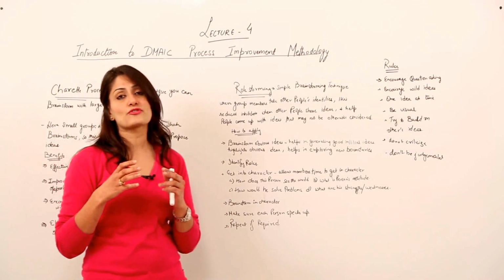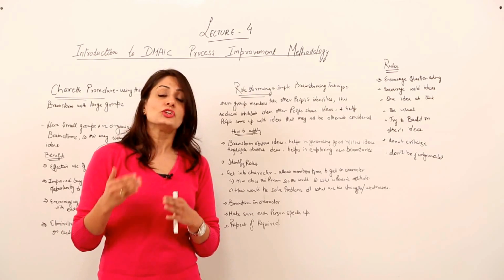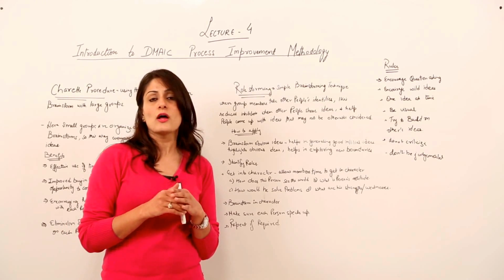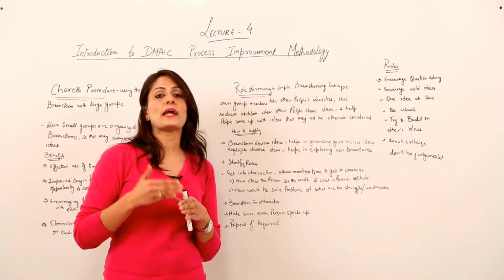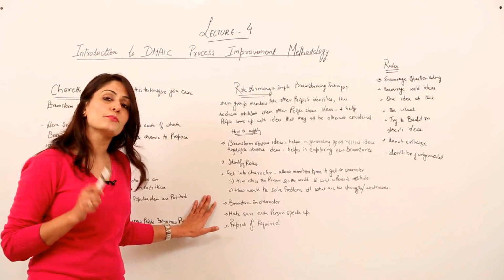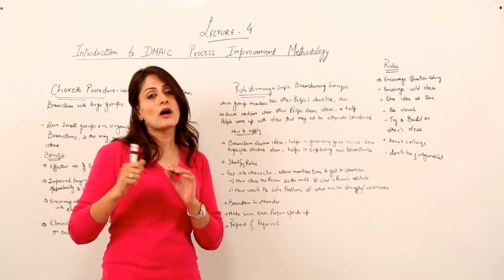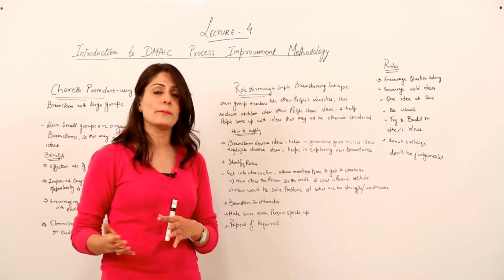You should always try to understand the persona of the character you are playing. You should go deeply into his persona. Only then can you come up with some really good ideas. You should always brainstorm in character. That means you should always try to think according to the person whose role you are playing.